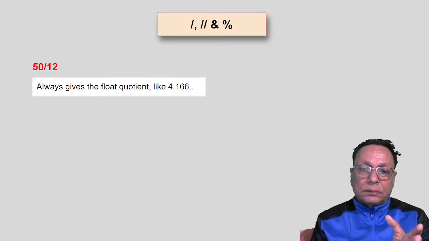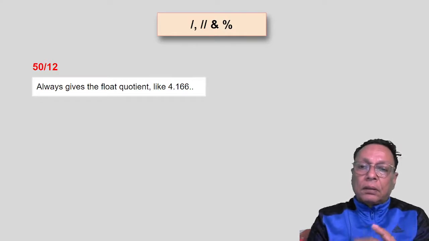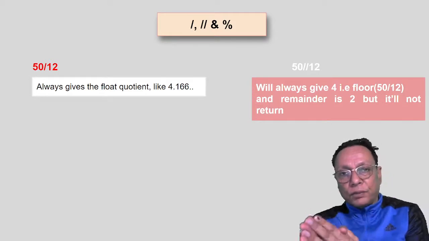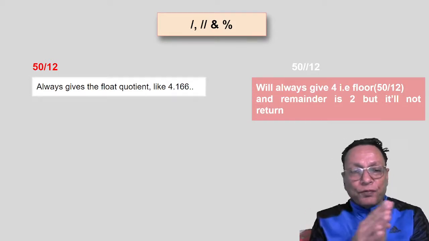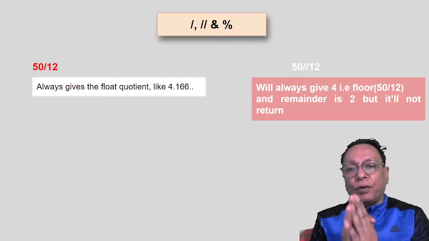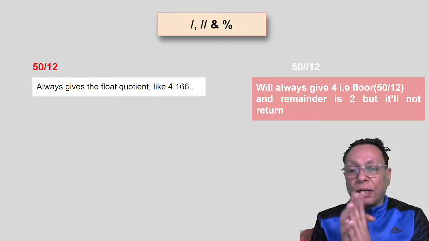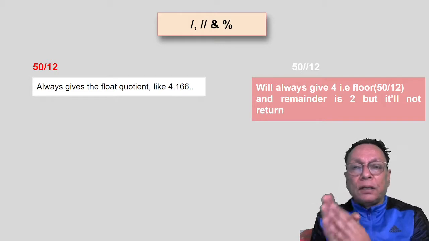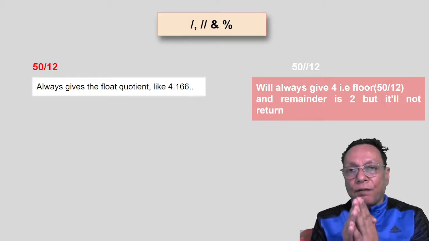But if you use 50 floor division 12, so 50 divided by 12 gives 4.1666 and so on. But if you take the floor division symbol, double slash, 50 floor division 12, in this case the quotient will be the integer value, that is 4.